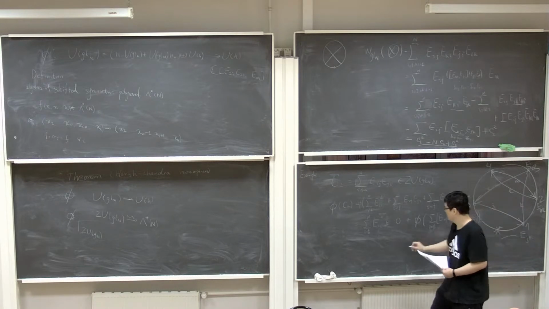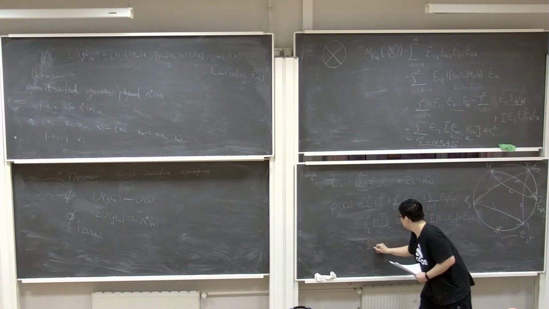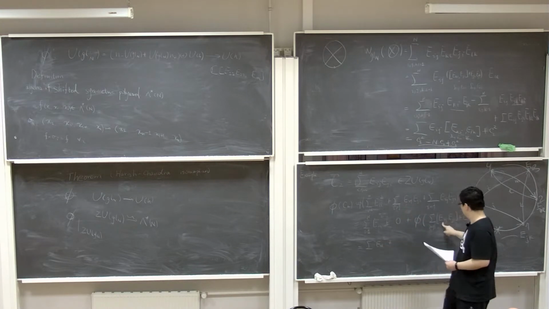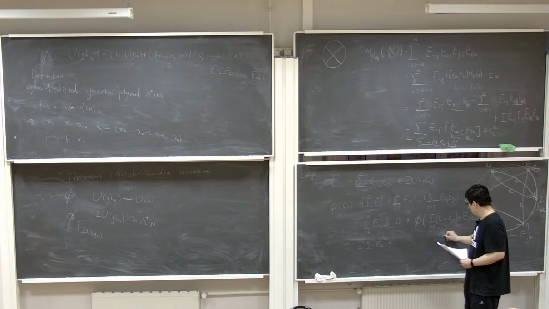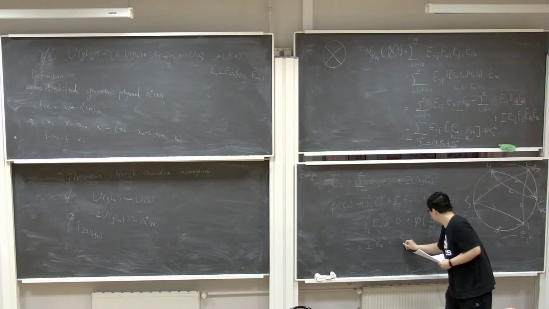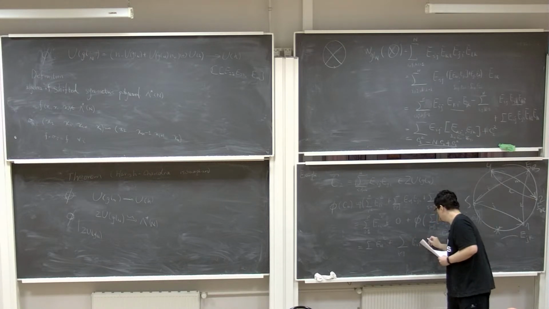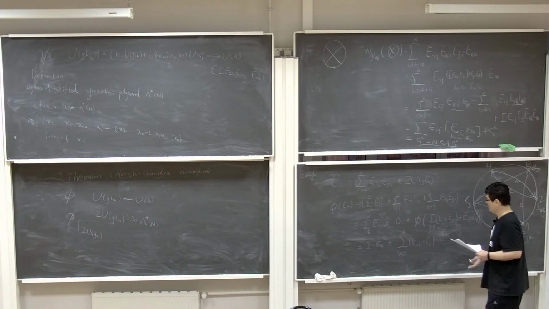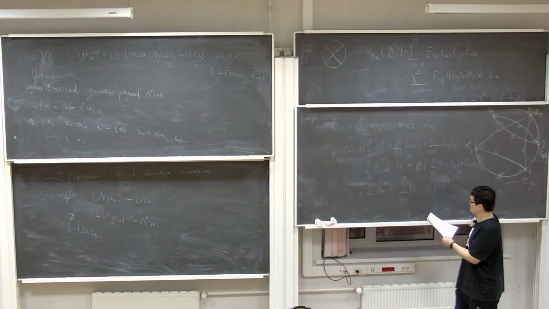And so we only have this: the sum of Eii squared plus the sum over i smaller than j of Eii minus Ejj, from 1 to n, like this, and we can rewrite the result.